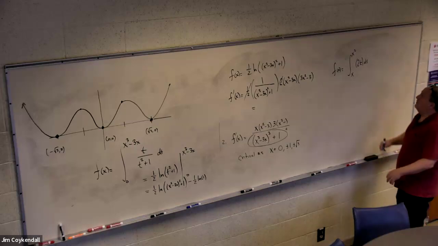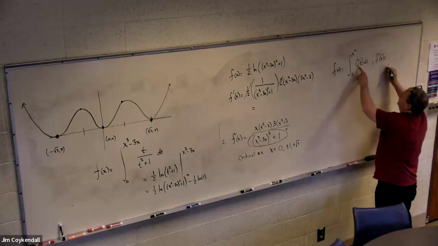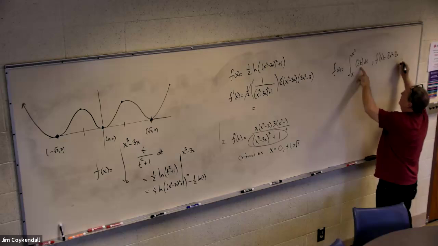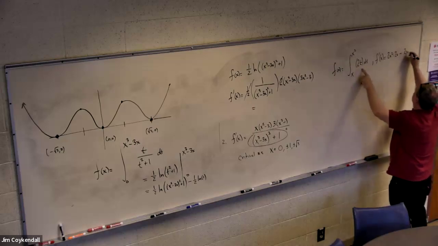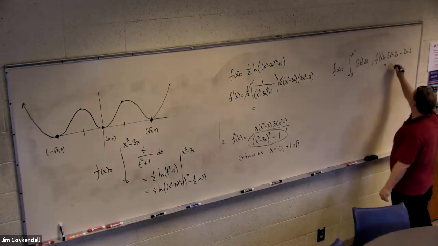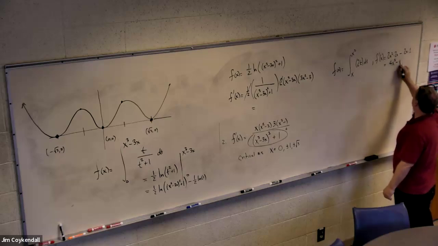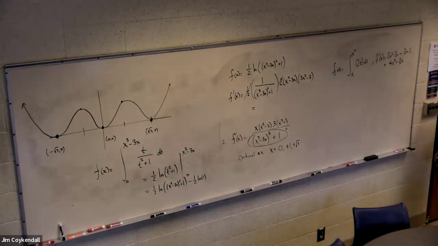Now if I took the derivative of this using my fancy new rule, this would be 2t evaluated at x squared, times the derivative of x squared, minus 2x times the derivative of x, which is 1. So I will get 4x cubed minus 2x. Right, okay with that?